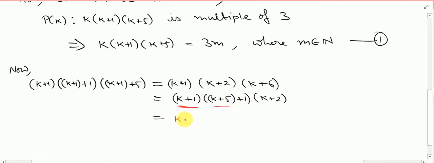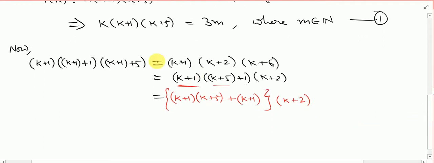So I will get k plus 1 into k plus 5, and then plus k plus 1 into 1, so simply k plus 1, and outside here k plus 2. Now you can see that here we have only k plus 1, k plus 5. If there had been k with this, then we could have easily put 3m. So we need k over here.